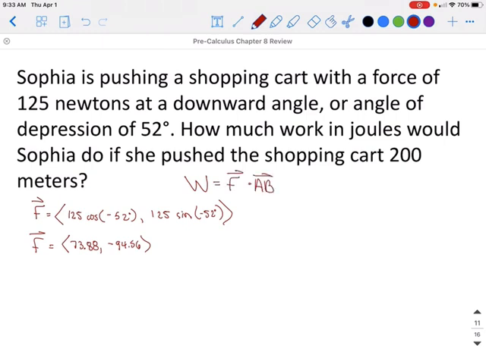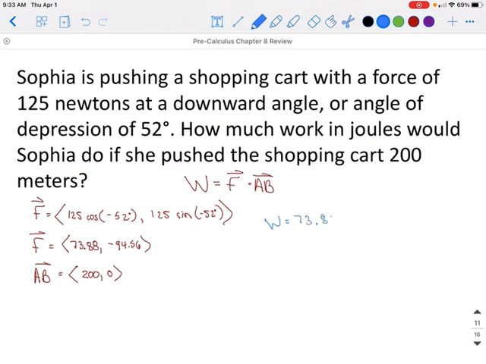And she wants to see how much work is equal to force dot AB. She wants to see how much work in joules Sophia would do if she pushed the shopping cart 200 meters. Now, if you're pushing it forward, that's your x component, you're not pushing it up or down any. So she wants to move it 200 meters forward, but not anywhere up or down. So to find the work, you are going to do your force vector dot your AB vector.